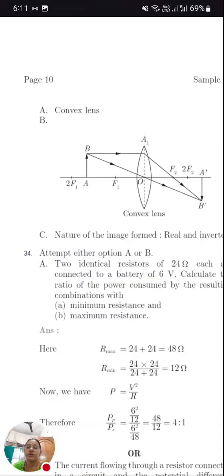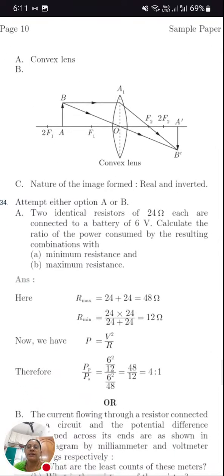Now the next question, 34th, again internal choice is there. Two identical resistors, 24 ohm each, are connected to a battery of 6 volt. Calculate the ratio of the power consumed by the resulting combination with minimum resistance and maximum resistance. As it is given minimum resistance, if they are connected in parallel we get minimum.